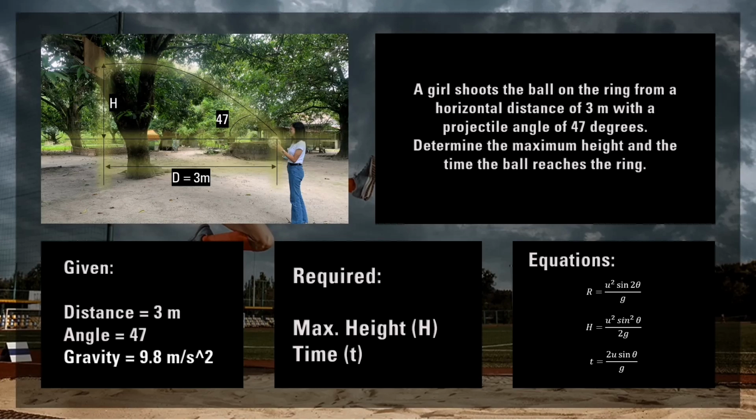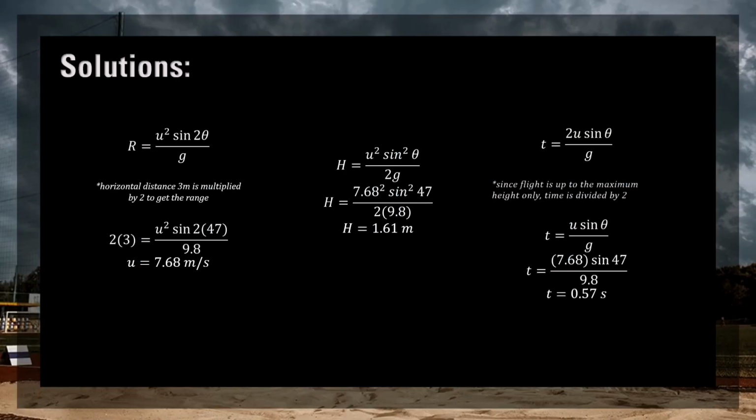For the equation, we will use the formulas for range, height, and time. Range is equal to velocity squared sine 2 theta over g. Horizontal distance 3 meters is multiplied by 2 to get the range, which will become 2 times 3 is equal to velocity squared sine 2 times 47 over 9.8.